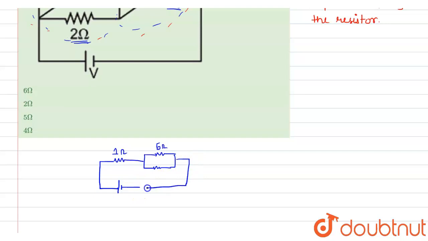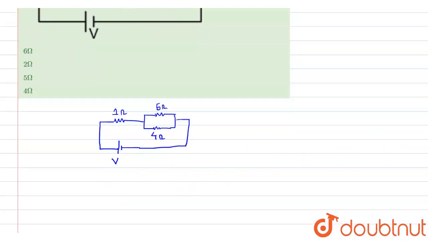Now this is our circuit, voltage V and this 4 ohm. Now we have to find the R equivalent for this part. Suppose this is R dash. So R dash will be 5 into 4 divided by 5 plus 4, so its value will be 20 by 9. And it is in series with 1 ohm.